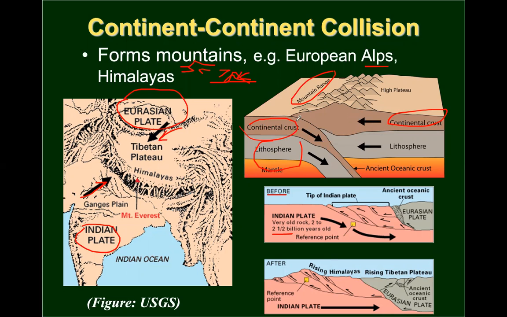So they bend the materials, and here you have this material raised. That is why we call it the rising Himalayas. The rising Himalayas means they increase the height of the mountain. Even just this moment, some millimeters are changing the height of the Himalayas.